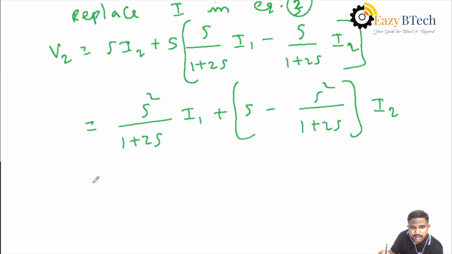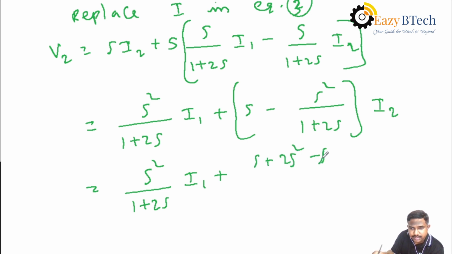Then take the LCM for the second term: S plus 2S square minus S square by 1 plus 2S into I2.